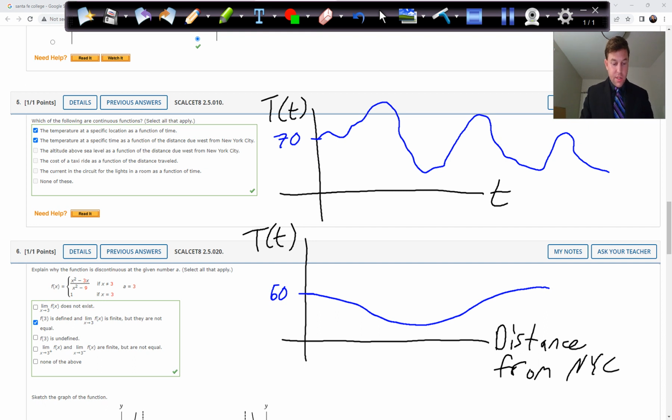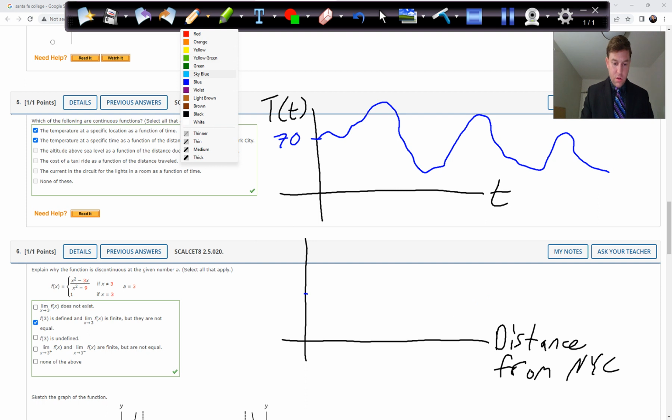The altitude above sea level as a function of the distance due west from New York City. So this one has the same units as this one on the x-axis, but now they are changing the y-axis to altitude.